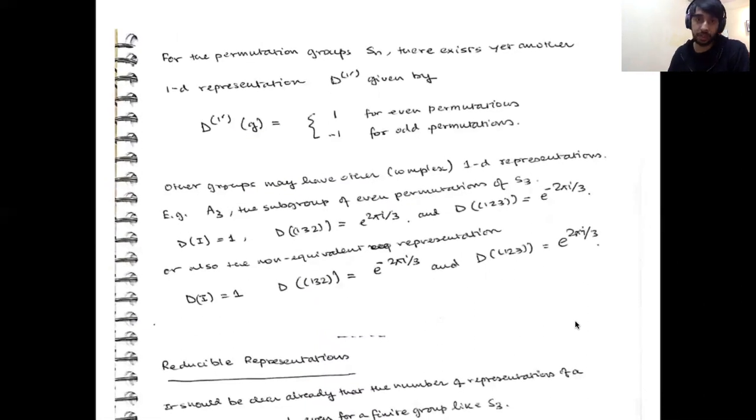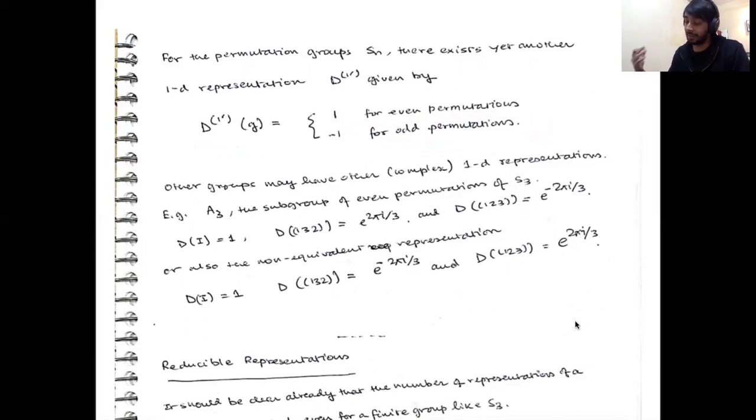For these permutation groups Sn, there exists another one-dimensional representation. We'll call it D1 primed. D1 primed is 1 for even permutations and minus 1 for odd permutations.